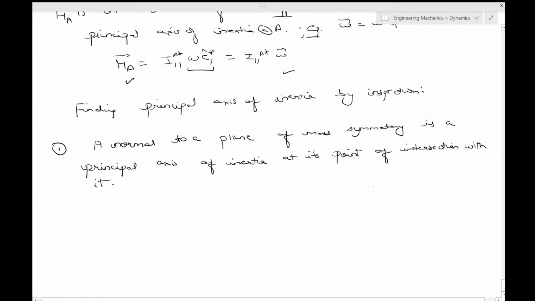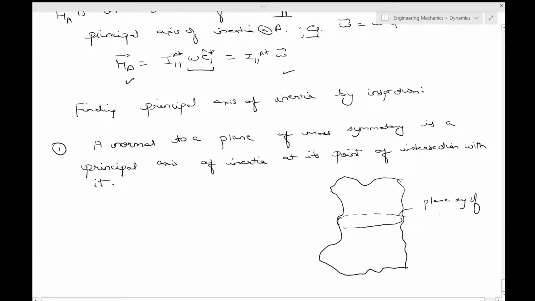Say, I find it challenging to draw. So just assume that this is symmetric about a plane of symmetry which is somewhat like this. So this is a plane xy of mass symmetry. Okay, so you have y, you have x, and you have z.